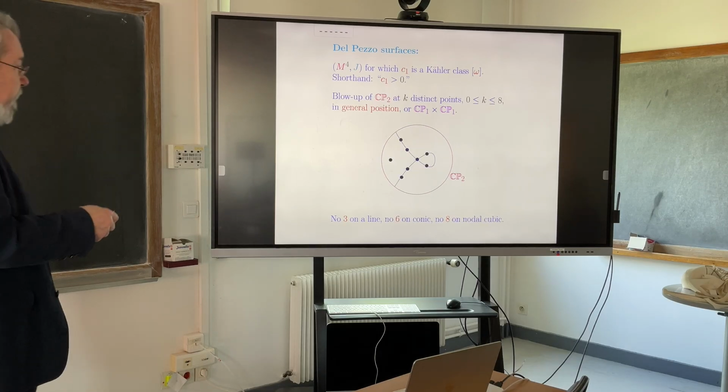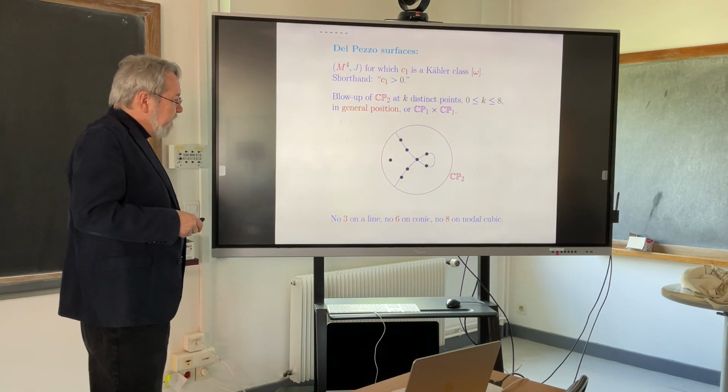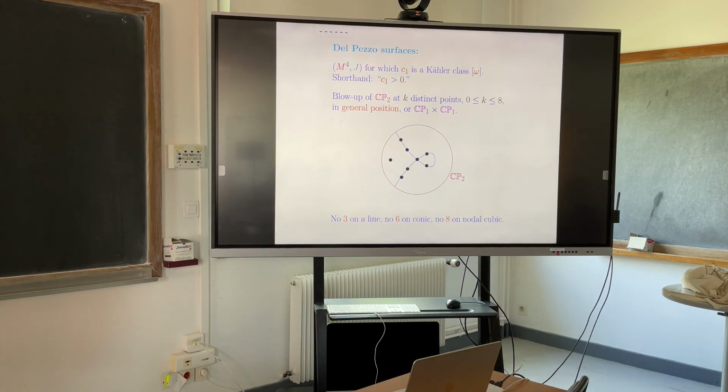So basically, what you're avoiding with these general position conditions is that you do not want the surface to have an embedded CP1 whose homological self-intersection is minus 2 or anything more negative than that.